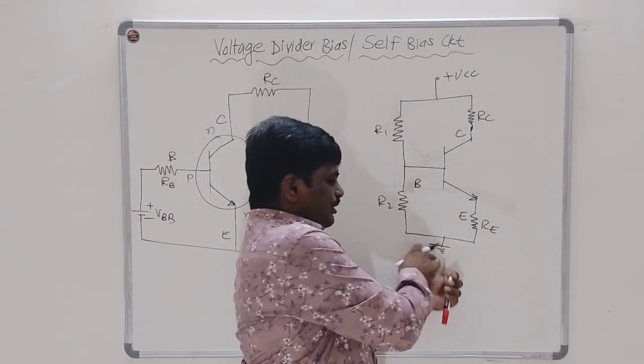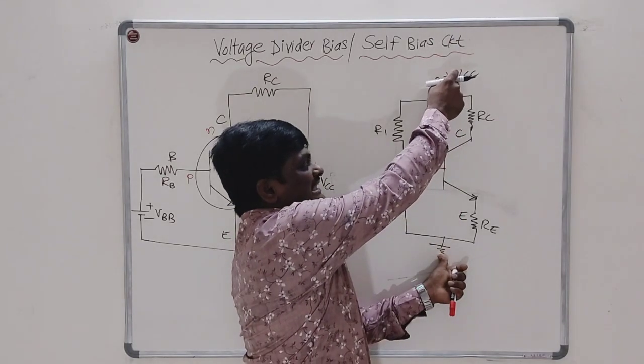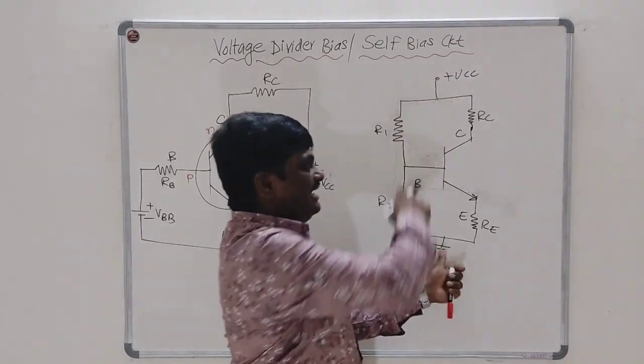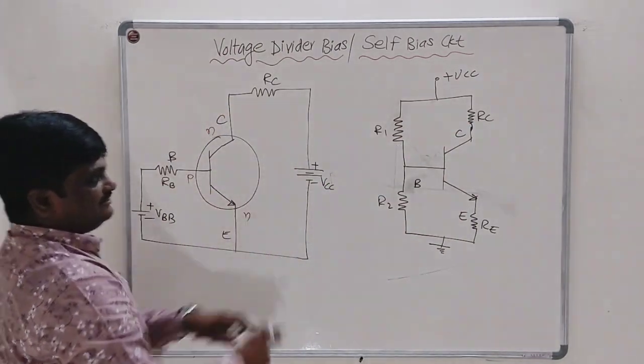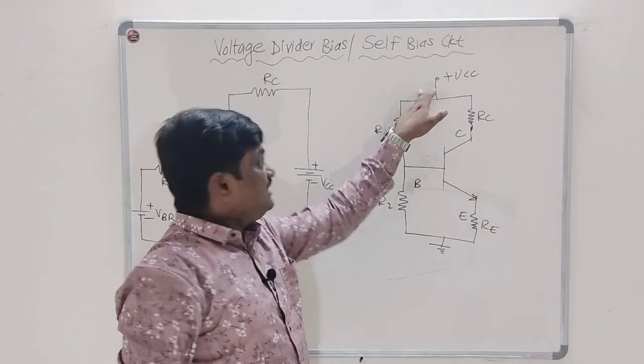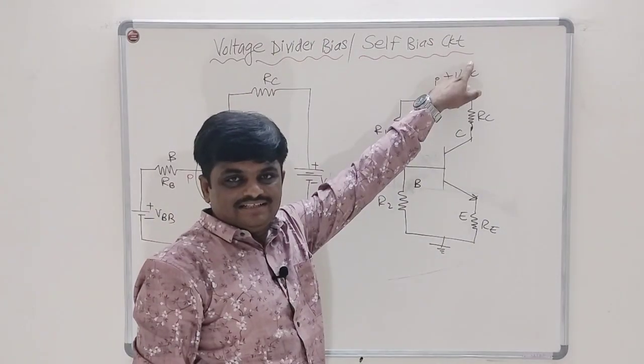So this point is at zero potential with respect to this point. Here the DC voltage is plus VCC, and instead of using two different supplies, I have used a single supply. That is why it is called self bias circuit.